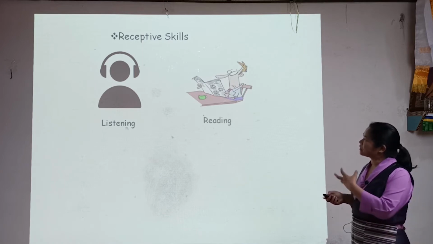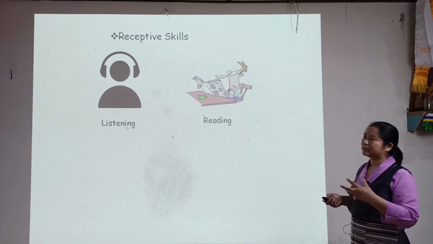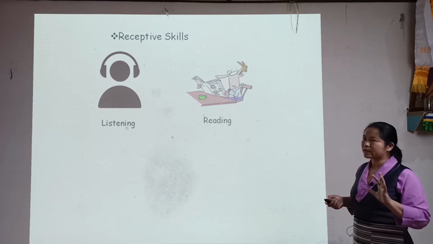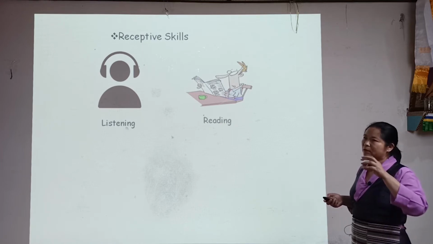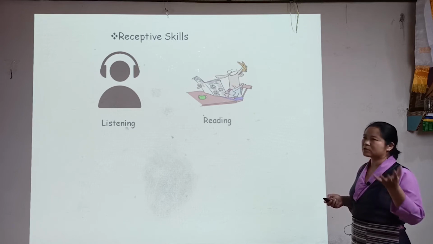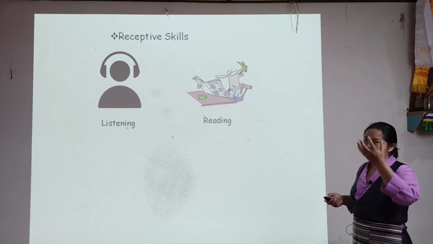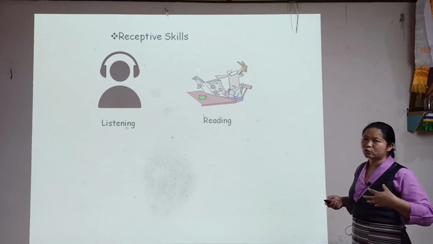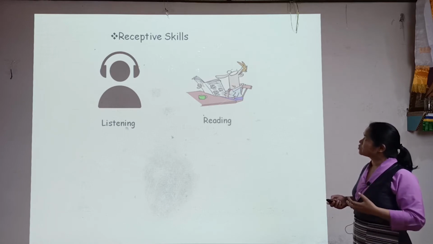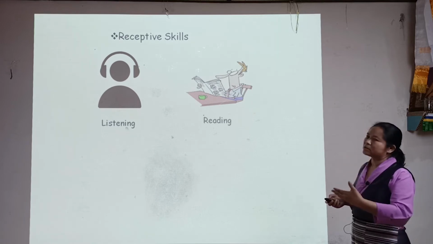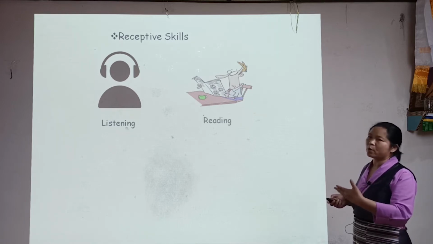So if we read or listen alone, then learning is again not going to take place. Because if you put water in the tank and keep it there, then the water does not have any use. It does not serve the purpose. The water has to come out of the tank for us to use it properly. So there is another group of skills.